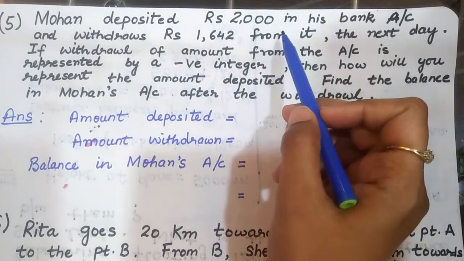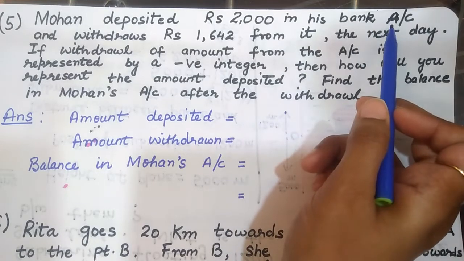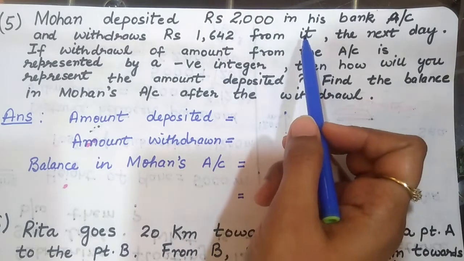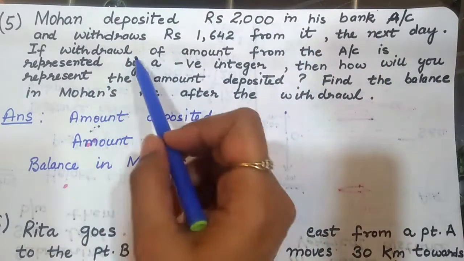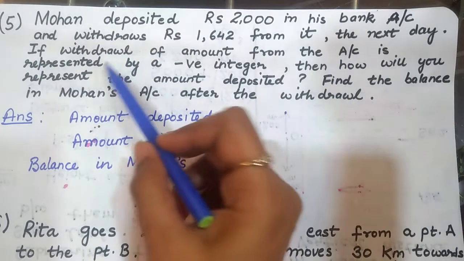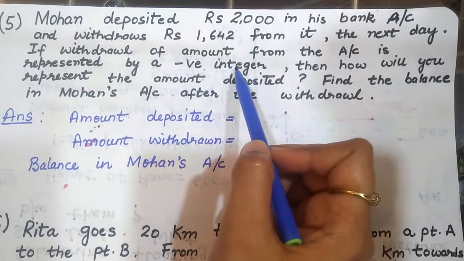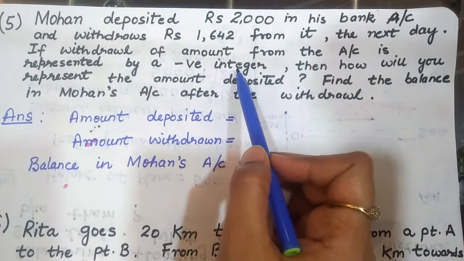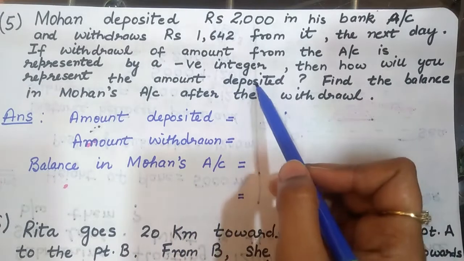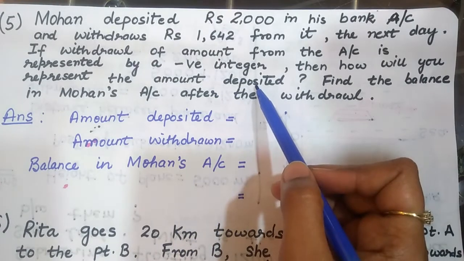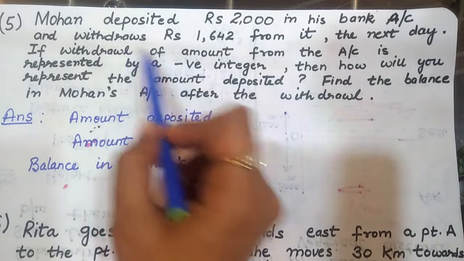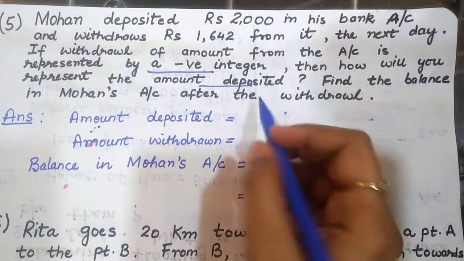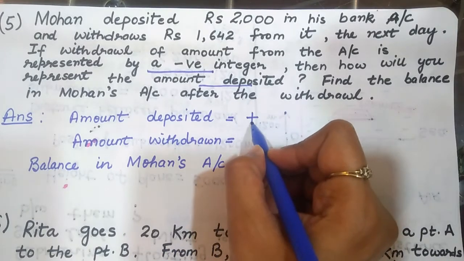Mohan deposited rupees 2000 in his bank account and withdraws rupees 1642 from it the next day. If withdrawal of amount from the account is represented by a negative integer, then how will you represent the amount deposited? So if withdrawal is represented by negative integer, then amount deposited will be represented by positive integer.